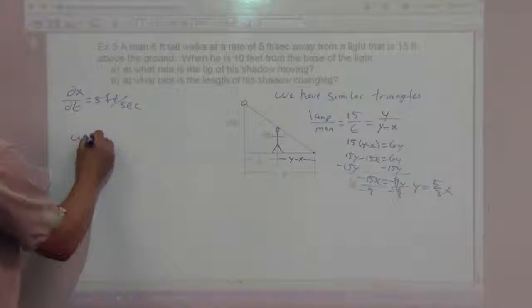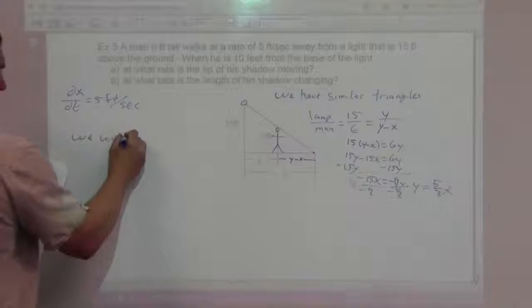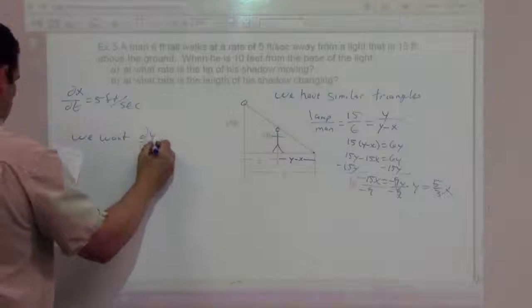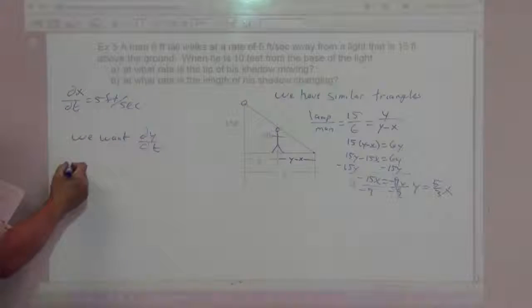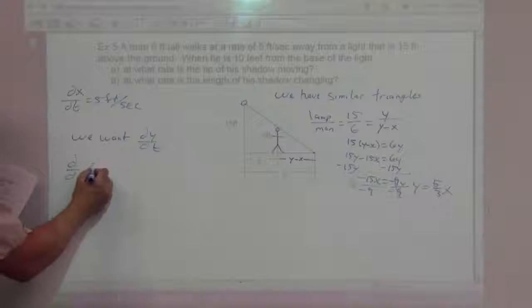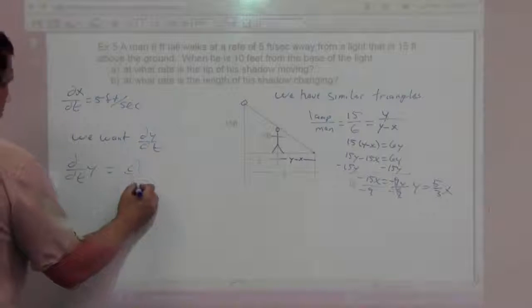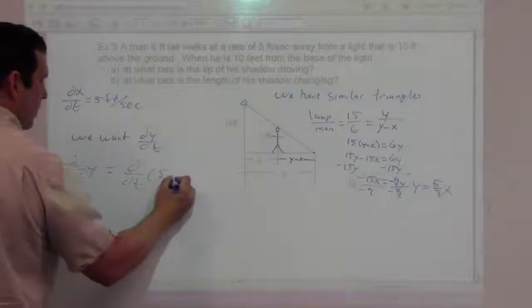So we want dy dt. So taking the derivative with respect to t of y, that's the derivative with respect to t of 5/3 x.